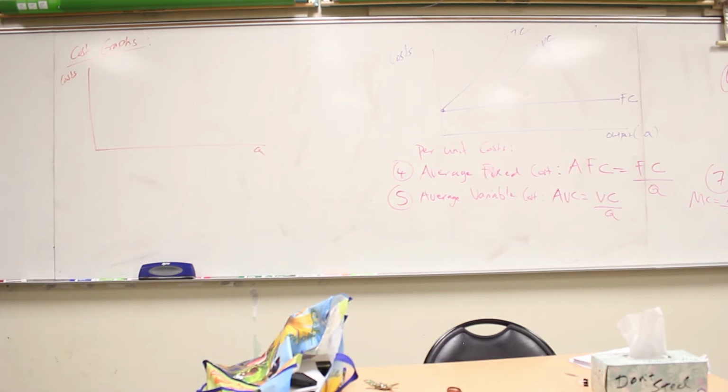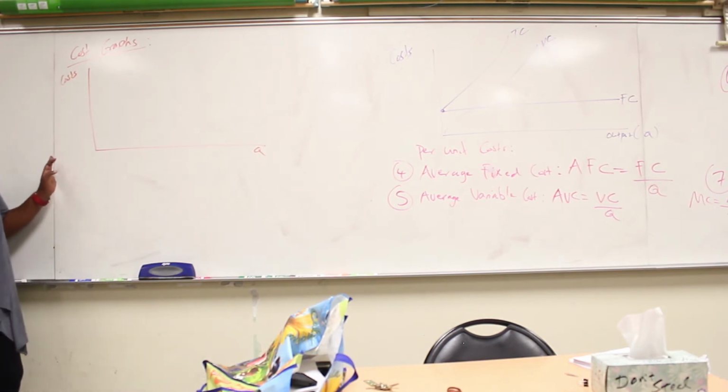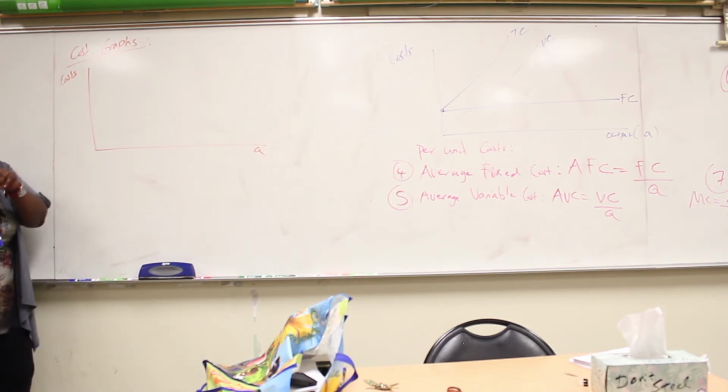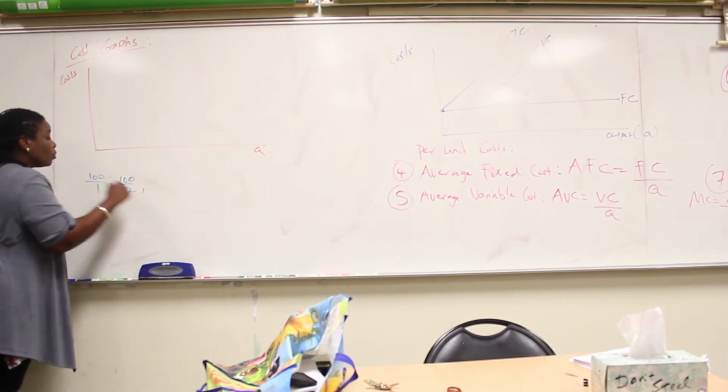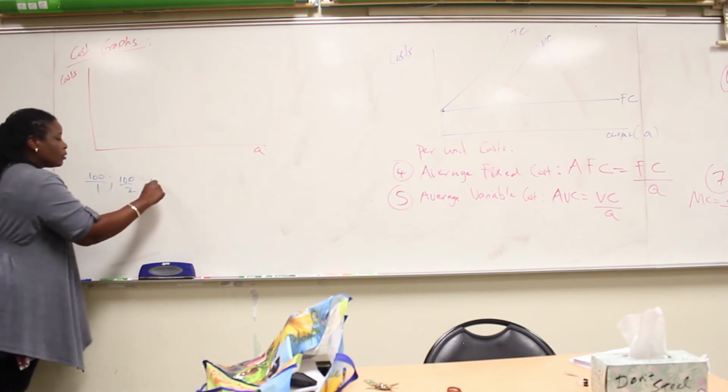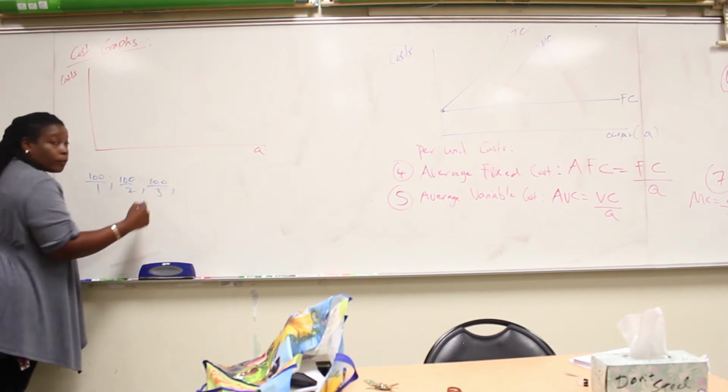Rent. Very good example. Now, let's say the rent is $100. So the fixed cost is $100. Remember, it doesn't change with output. Now, if we produce 1 unit of the good and the fixed cost is $100, what's the average fixed cost? $100. What about if I produce 2 units of the good? 50. What about 3? 4?